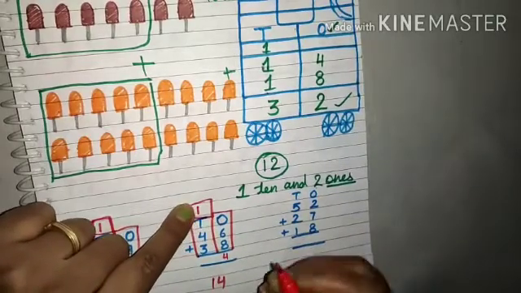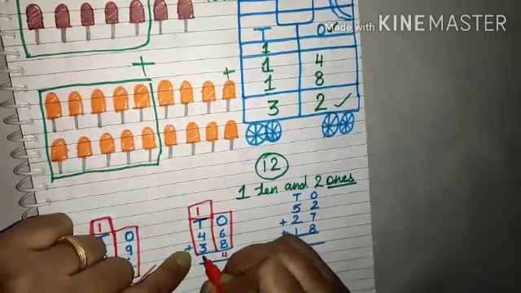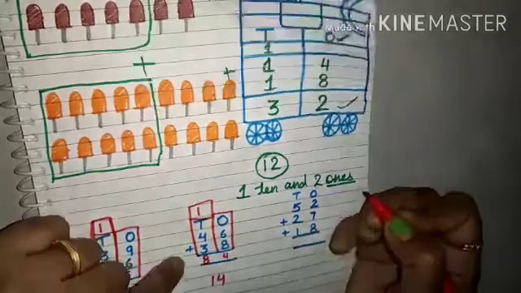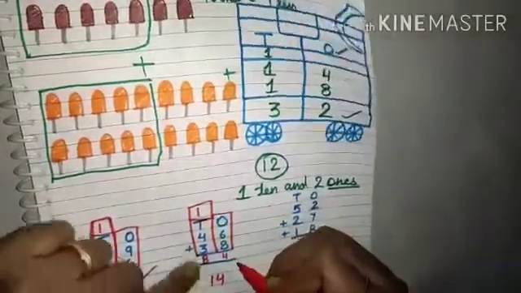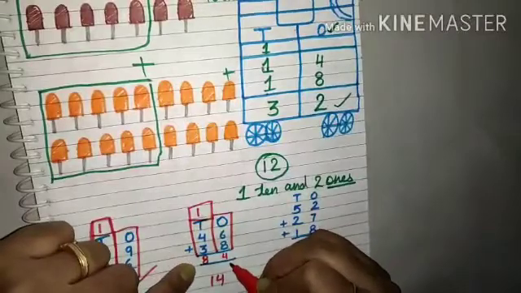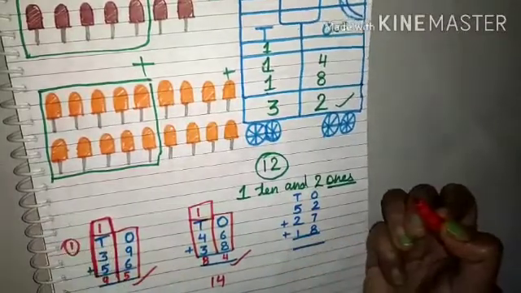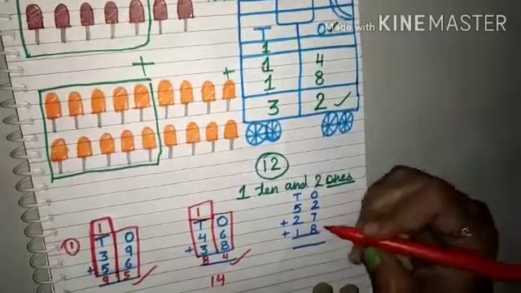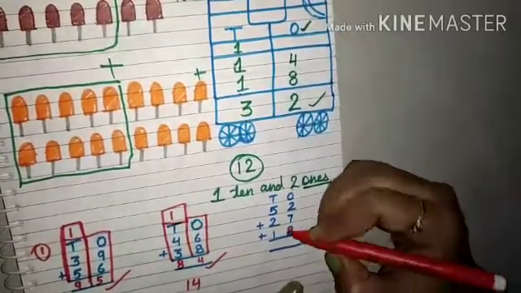So 7 and 1, 8. So what we get final sum? 84.